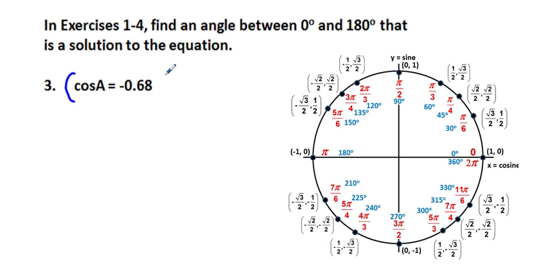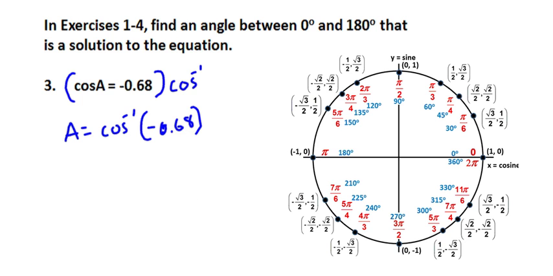Same operations as last time. We undo this cosine by taking the inverse cosine, and the inverse cosine of cosine is just the angle A itself. And so we have cosine -1 of -0.68.